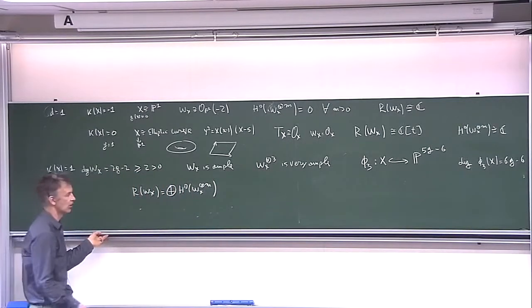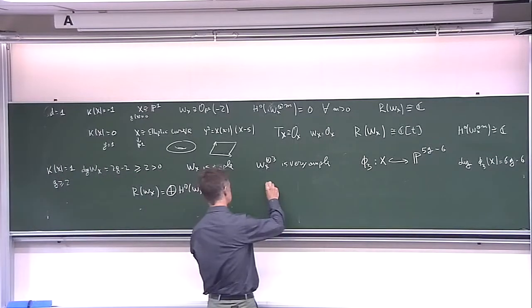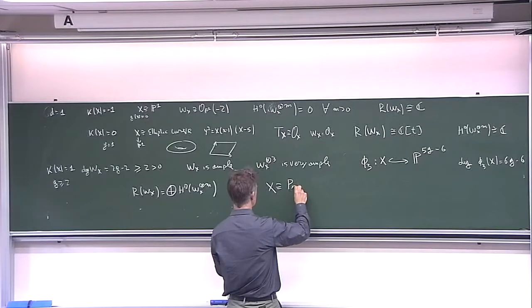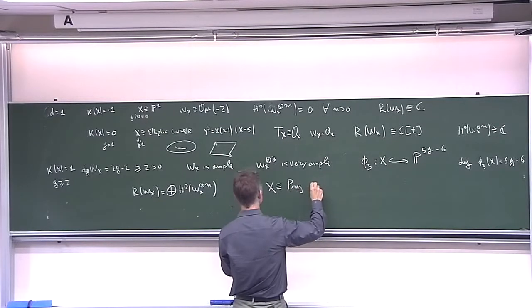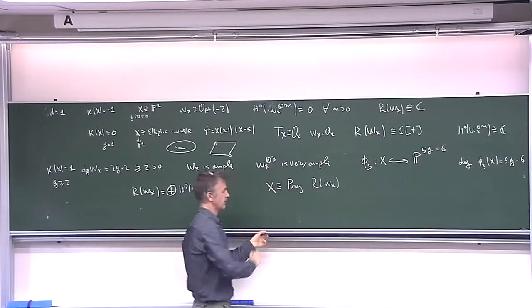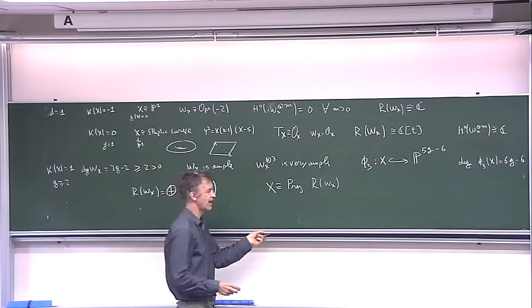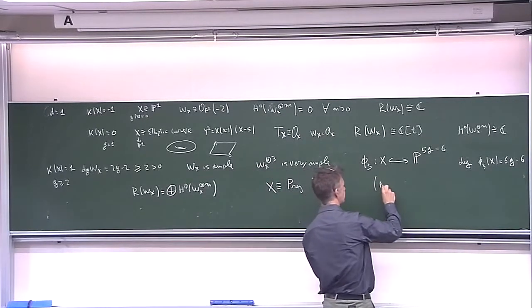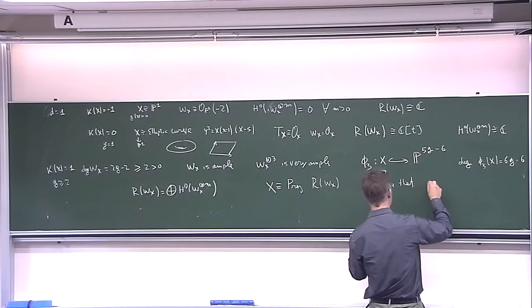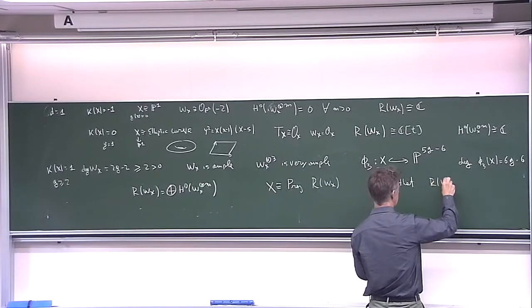And the way that you say this explicitly is that X can be obtained from the canonical ring in a unique way by taking Proj of this canonical ring. In order to write this, I have to observe that this ring is finitely generated.